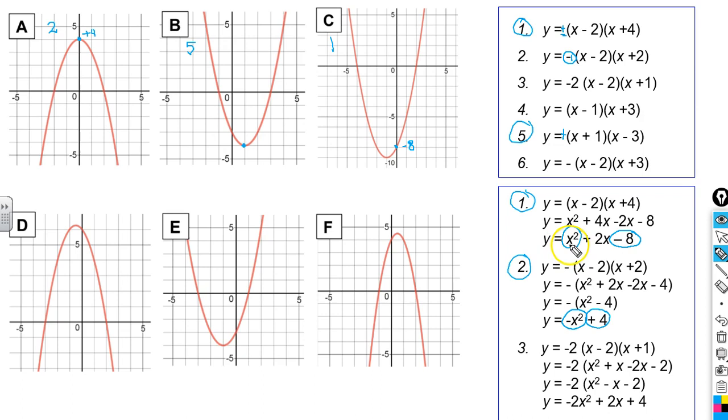So what that leads us to understand is that if there's a positive number outside of these 2 factors, or in standard form, if the first term is positive, then the quadratic is going to have a minimum, a vertex that is a minimum. And if it is negative, then it's going to have a maximum value. And so with that information, you should be able to match the remaining graphs with their equations.